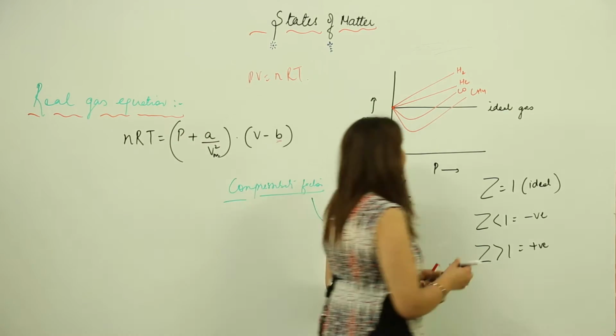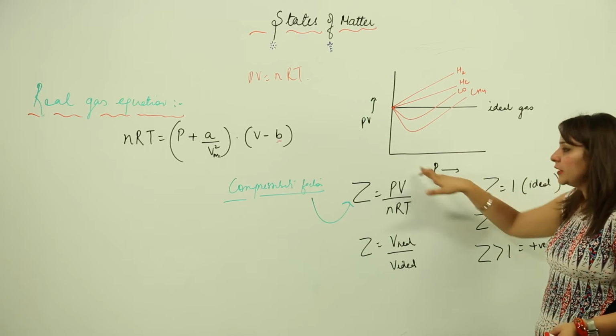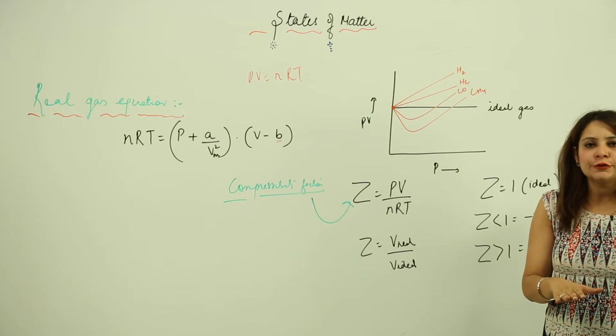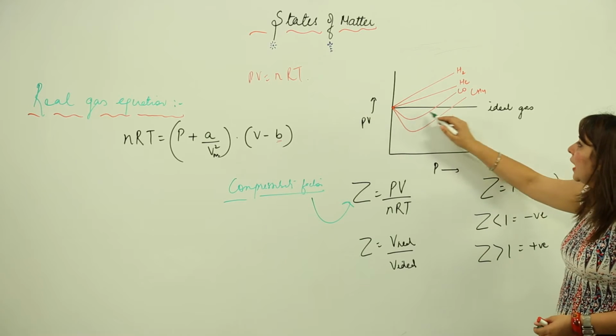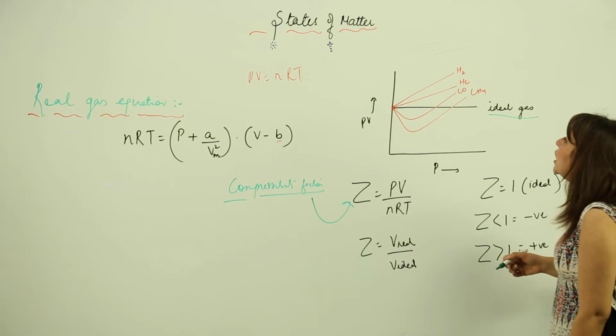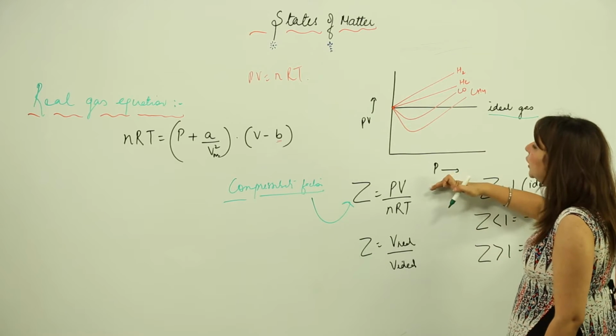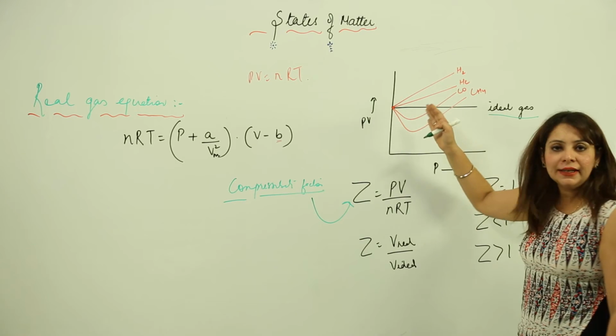So let us plot a graph to understand the compressibility factor. I have PV versus P. I know that PV is constant for an ideal gas, so obviously we will have a straight line. This we have already discussed in the previous slide. Now, if we increase the pressure, we can see a deviation from ideal behavior.